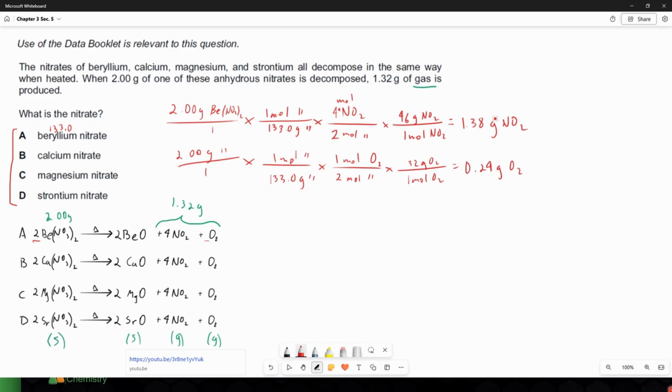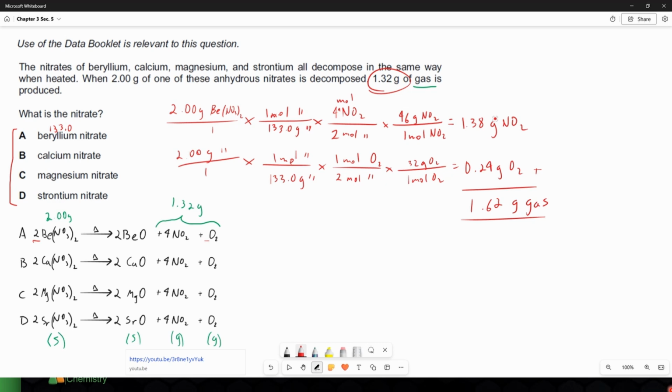0.24 grams of O2. So together, the gases that 2 grams of beryllium nitrate give is 1.38 plus 0.24. That's 2, carry over the 1, 5, 6. So that's 1.62 grams of gas that the beryllium gives.